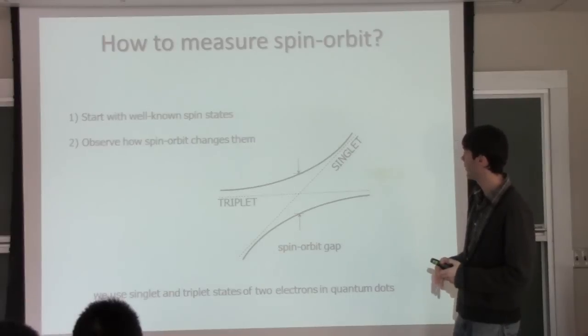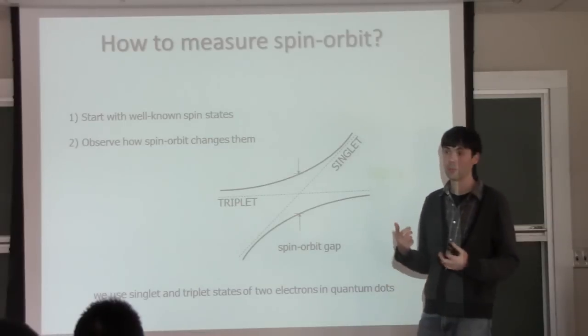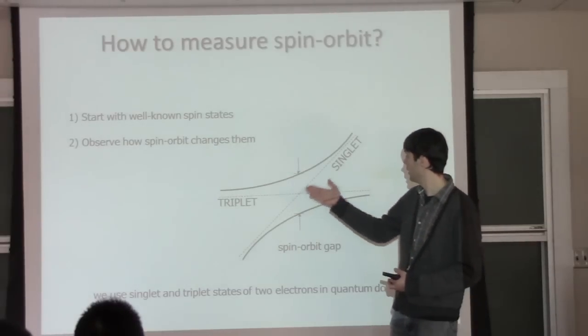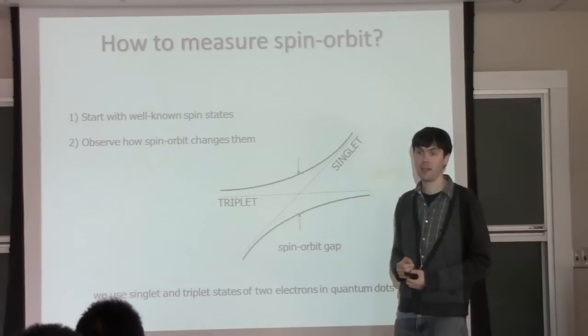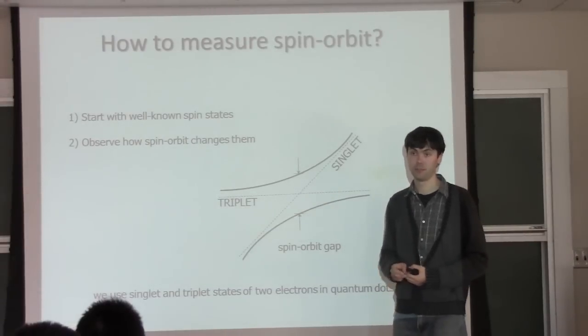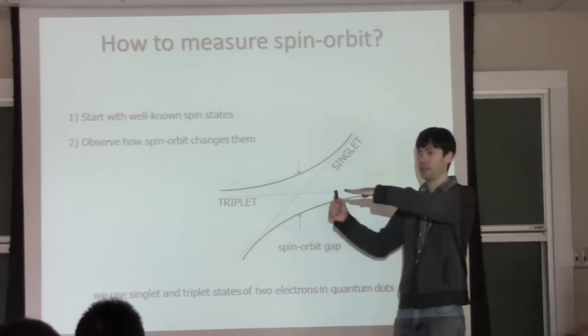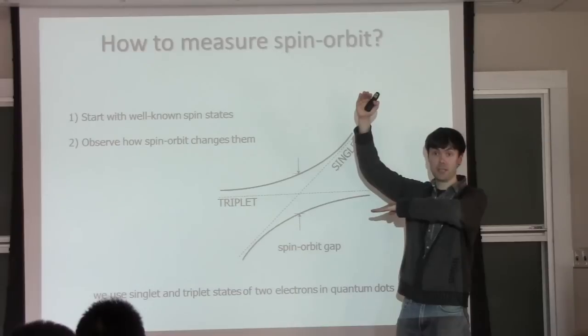It comes from the fact that we can create different spin states, like spin up and spin down, or in this case I use singlet and triplet. And by magnetic field, we can make singlet and triplet degenerate. So singlet stays in one place, and triplet is at a higher energy. It's in the next orbital.